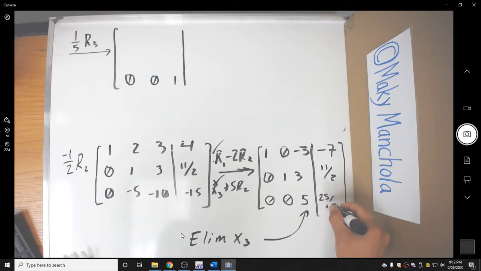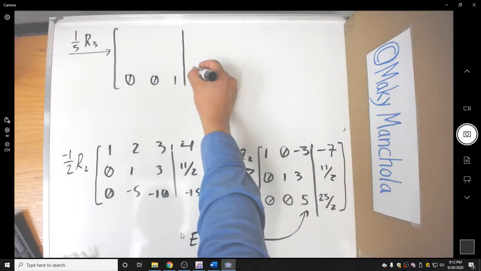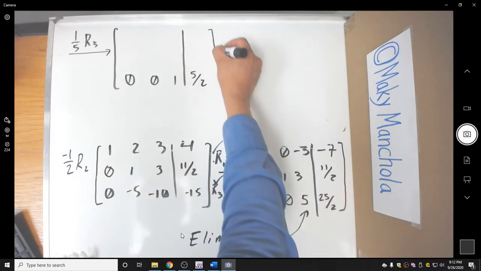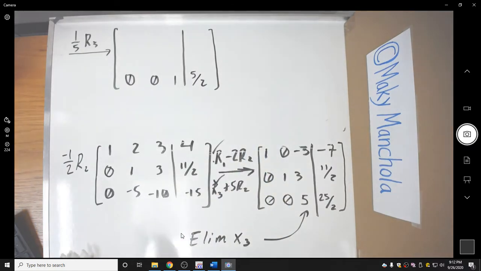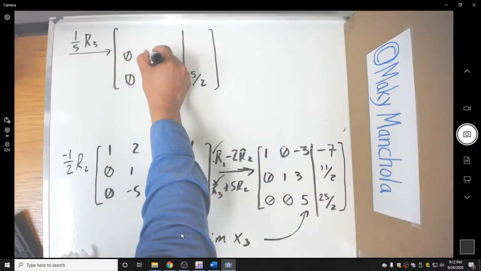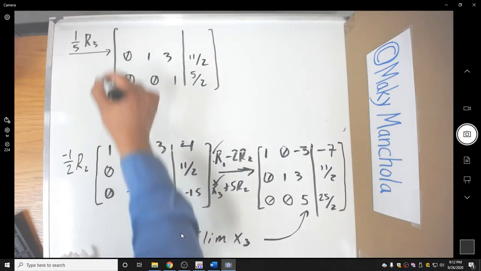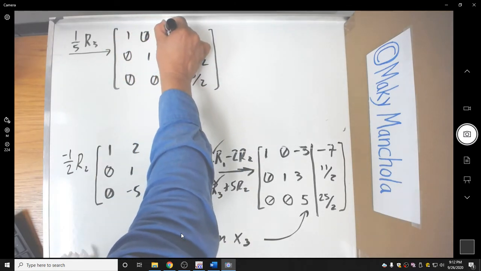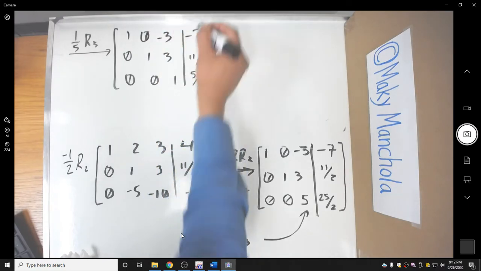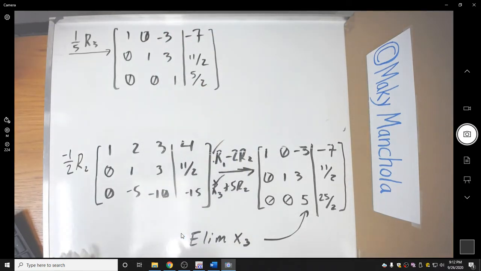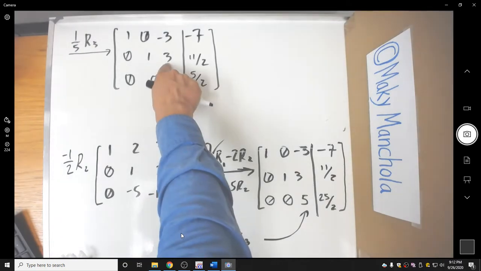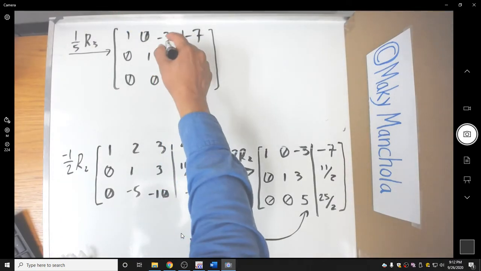The 5's cancel, so you end up with 5/2. Okay, now we're ready to get rid of this 3 and that -3.